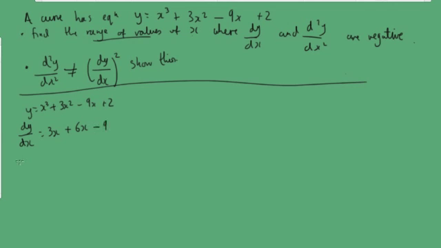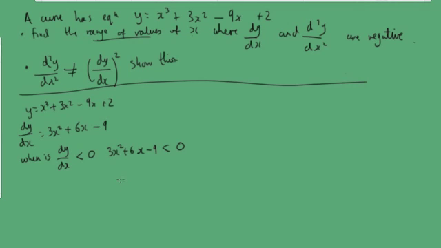Now when is dy by dx less than 0? So 3x squared plus 6x minus 9 less than 0.